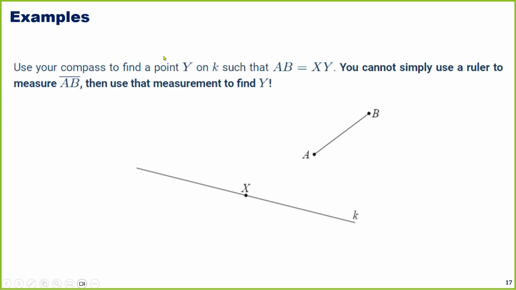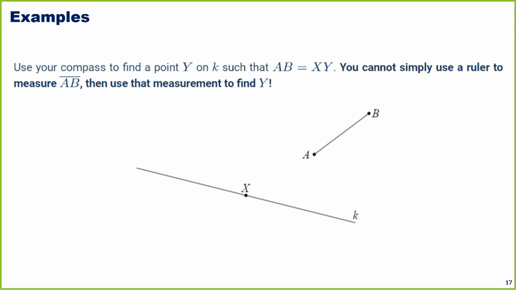Okay, so for example, use your compass to find a point Y on line k such that AB equals XY. So how can we do this? You have a compass at hand, or any straightedge, for example a pen or a ruler, but do not use it as a measuring function.